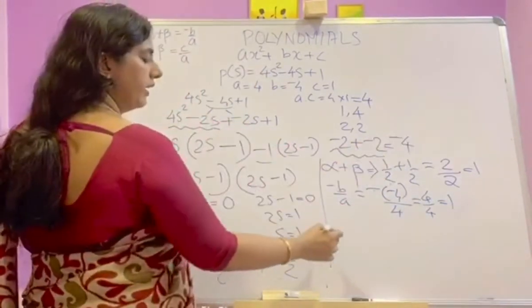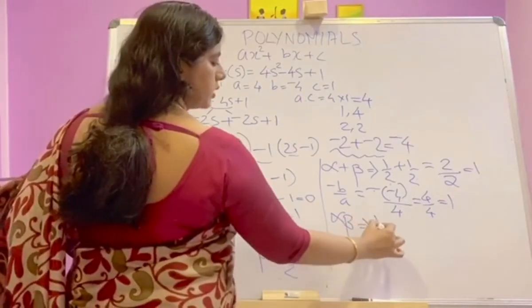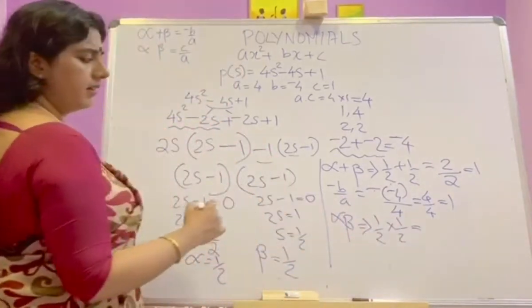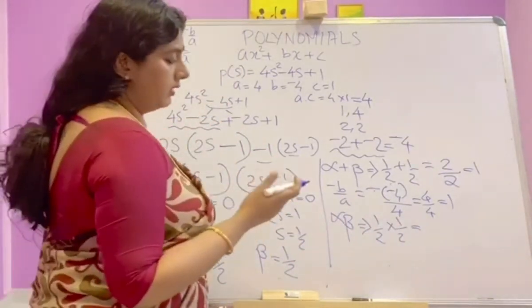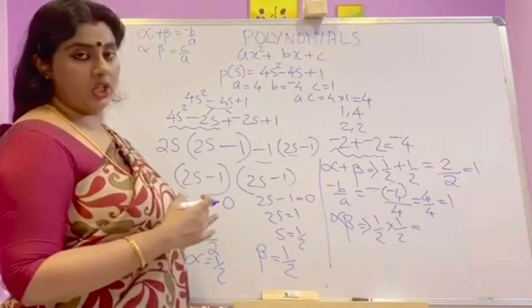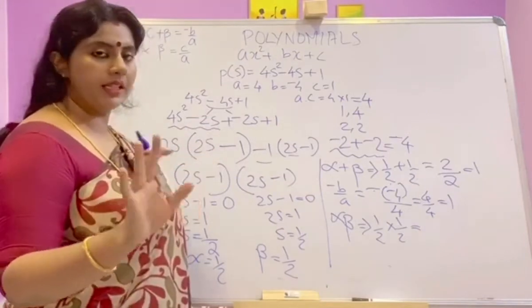Now, verified. Now, alpha into beta. That is 1 by 2 into 1 by 2. Here, there is no need of making the denominators the same. In multiplication, you can just multiply the numerators and just multiply the denominators.